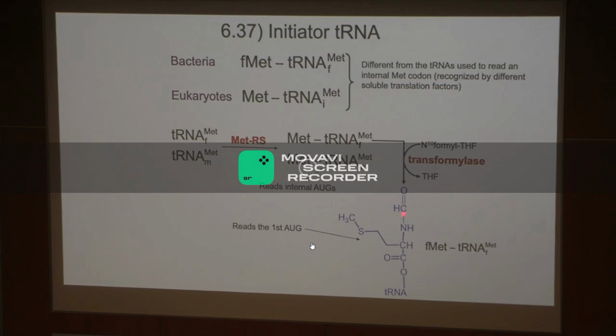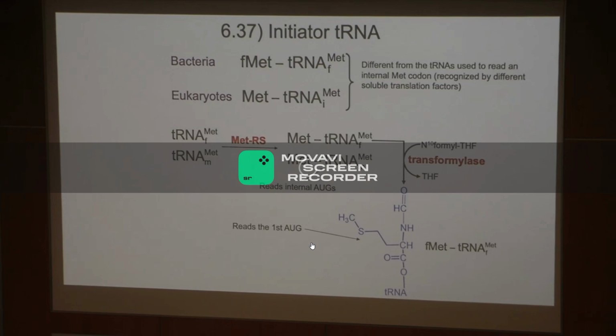Okay, so why do we need these two different tRNAs, one for reading initiation codons and one for reading internal AUG codons? Well, it's because they are recognized by different translation factors.